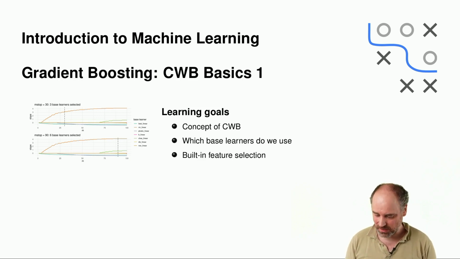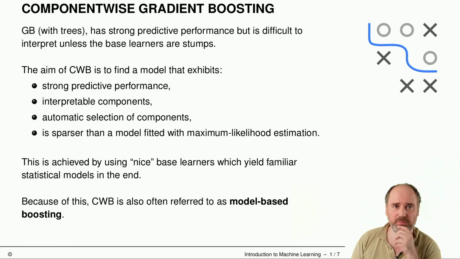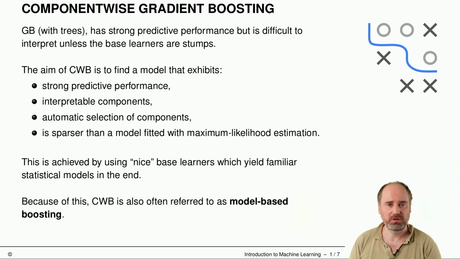So let's start doing that. As we've already learned in this chapter, gradient boosting with trees is quite a strong predictor. It has quite strong predictive performance, and that's a combination of this non-parametric property of the trees and also the aggressive risk minimization that we get from the gradient boosting principle, through this gradient descent in function space that we're performing in gradient boosting in general. We discussed that at length.